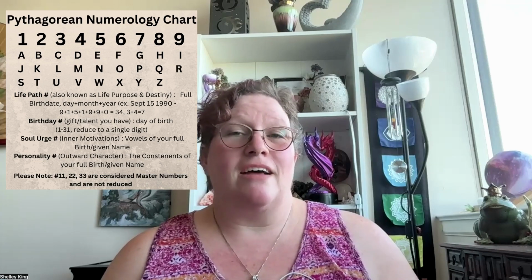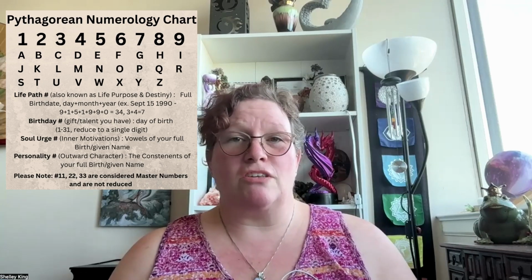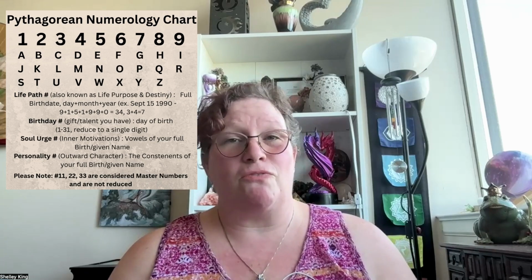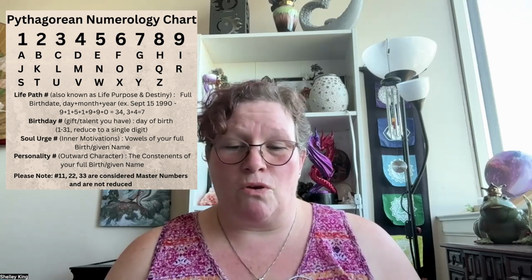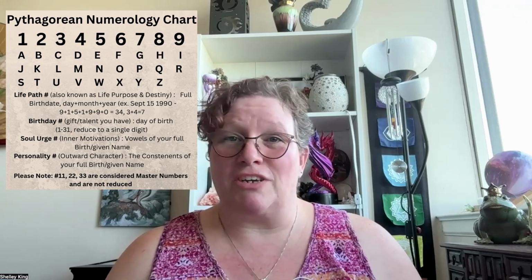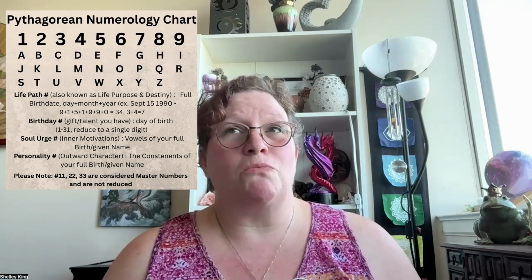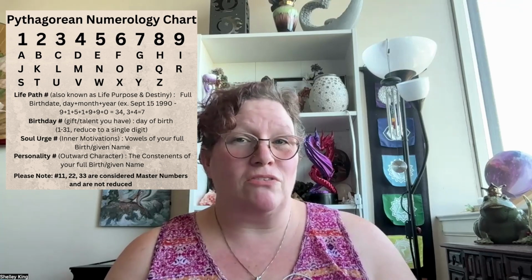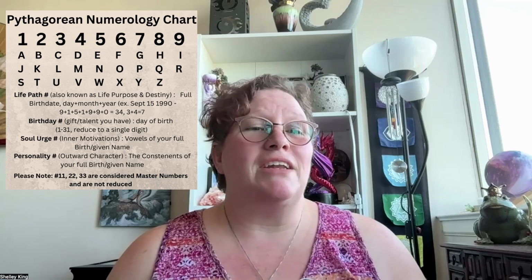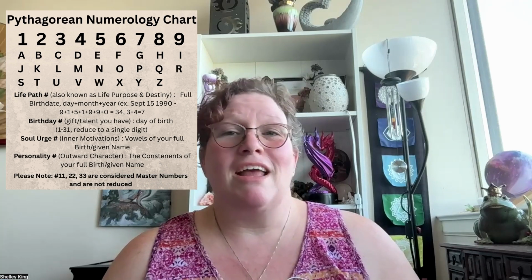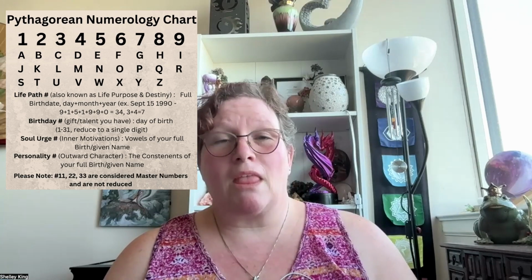It looks at a life path number, which is also known as your life purpose or destiny number, and that is your full birth date. It looks at your birthday number, which is your gifts and your talents. It looks at your soul urge number, which is all the vowels in your name. And then it looks at your personality, your outward characteristic number, and that is all the consonants in your name.